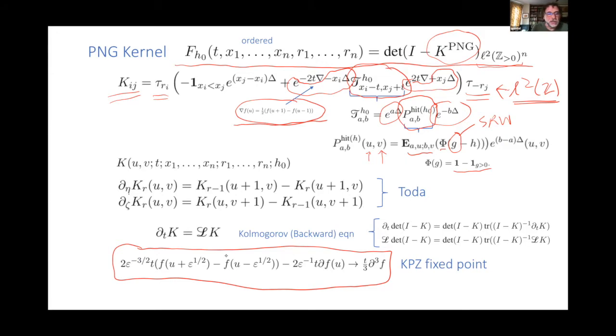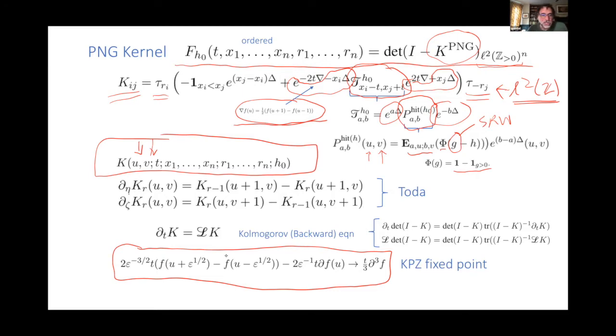Okay, so you've got a kernel K, depending on all these parameters. These are the kernel variables U and V, but it also depends on your time and your x's and your r's and your initial function h, and because it depends on so many parameters and satisfies so many equations, this is how you get these Toda equations to come out.